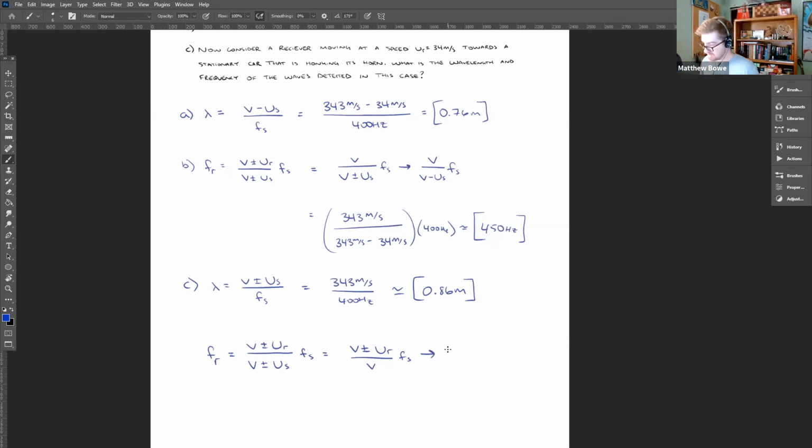Since the receiver is moving towards the car honking the horn, we will say it is a positive.